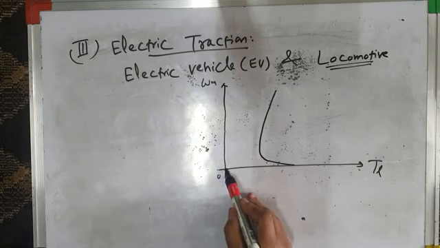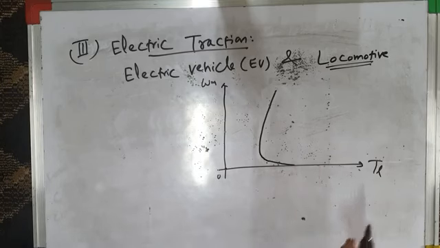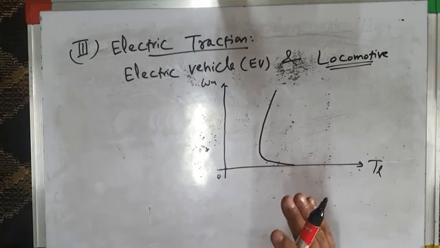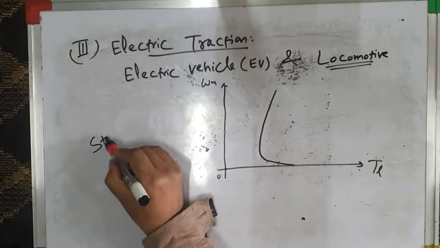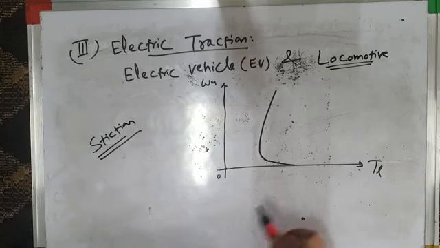Initially, when the train or the vehicle is at rest, it requires a large starting torque, because a train has very large friction torque at the beginning. Its stiction, or static friction torque, is very large.